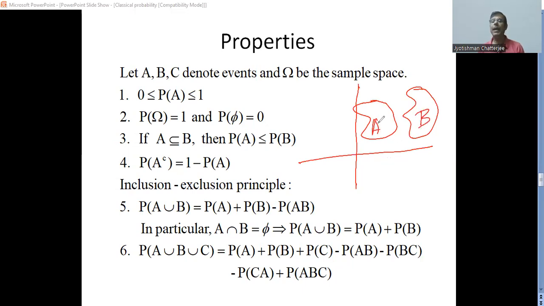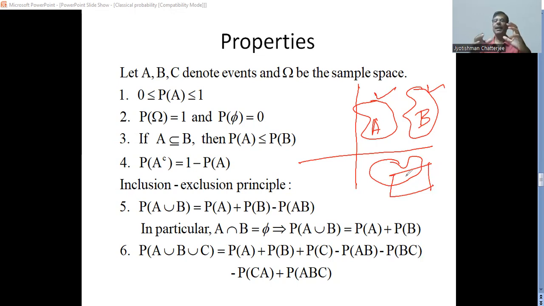So if you can find the area of A and the area of B, knowing that they are not overlapping, you can just add them to find the combined area of A and B. However, if they are overlapping like this, you cannot say so.